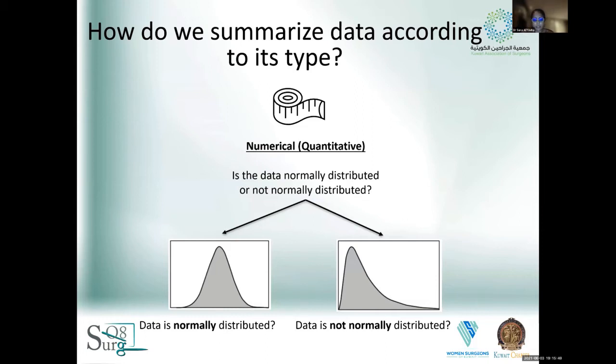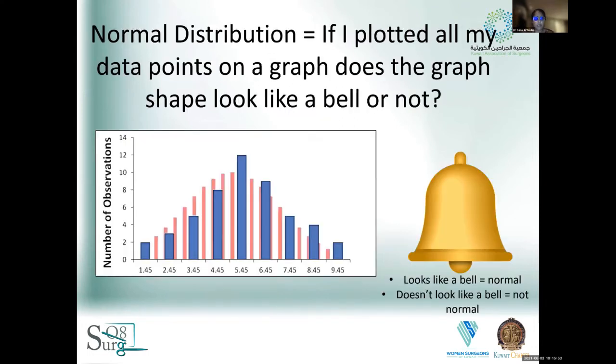Anything that doesn't look like that is not normally distributed. To simplify it, if I plotted all my data points on a graph, does the shape look like a bell or not? If it looks like a bell, it's normally distributed. If it doesn't, it's not normally distributed.